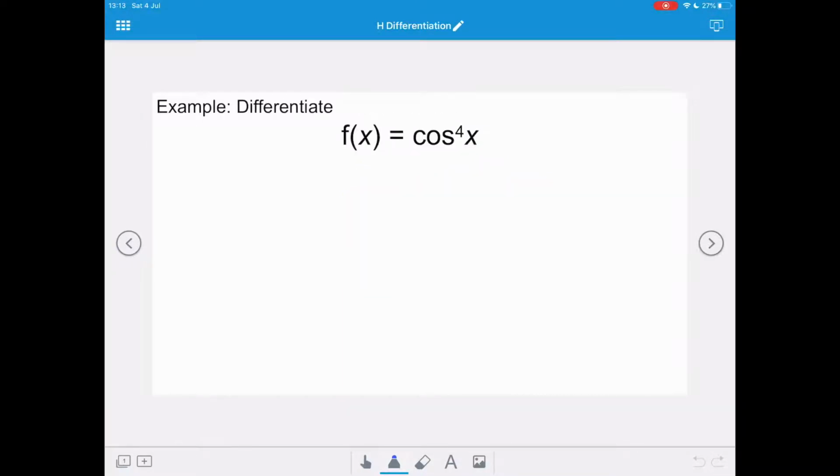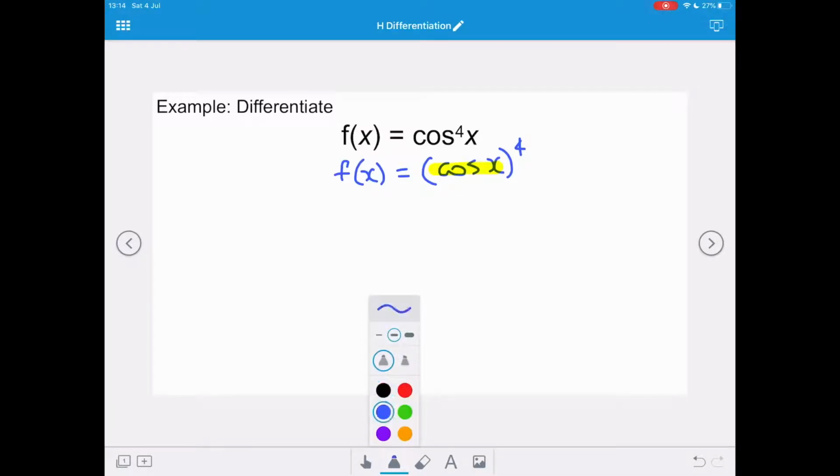In the next example, f of x equals cos x all to the power of 4. So remember, when it's a power trig function, we need to rewrite it with the power outside of the bracket. So our inside function is cos x. So we're going to differentiate the outside function.